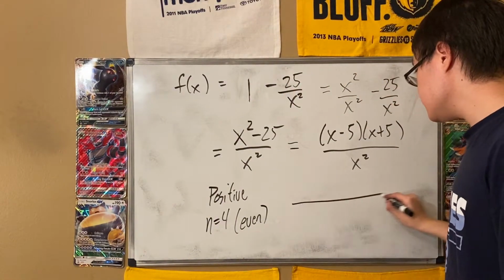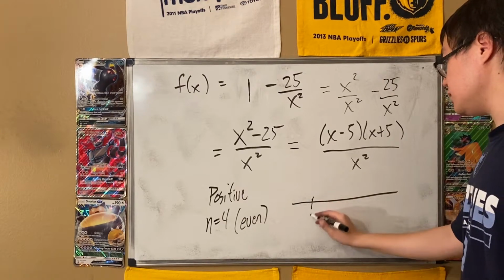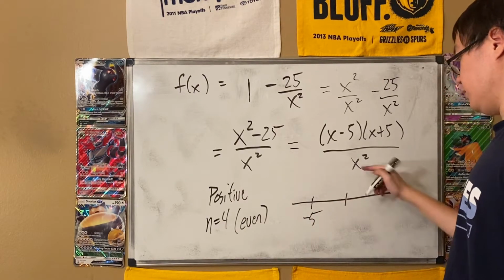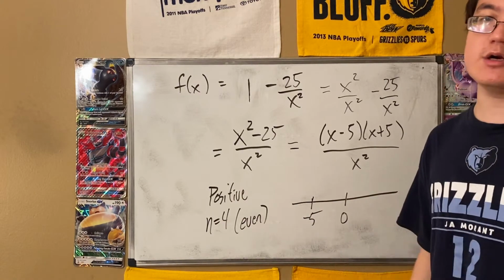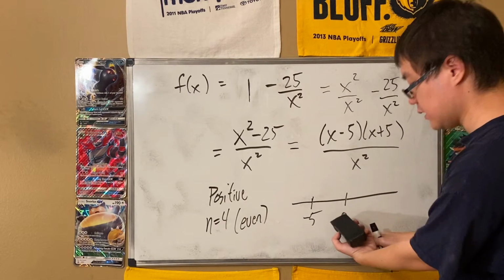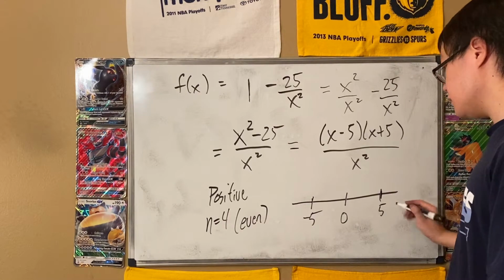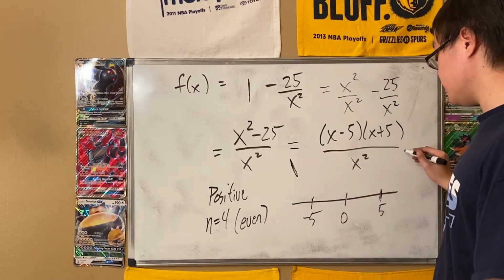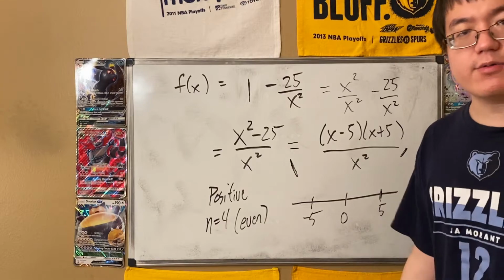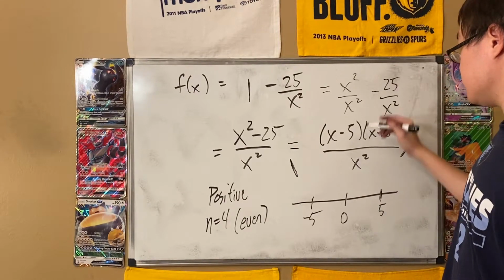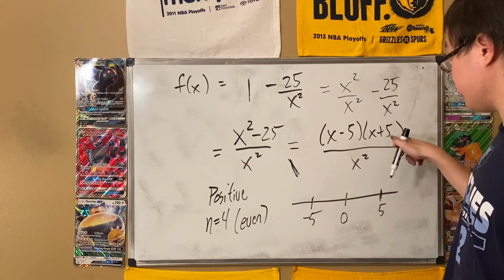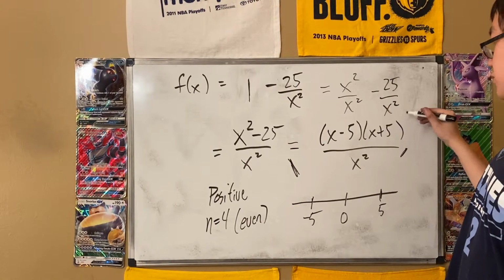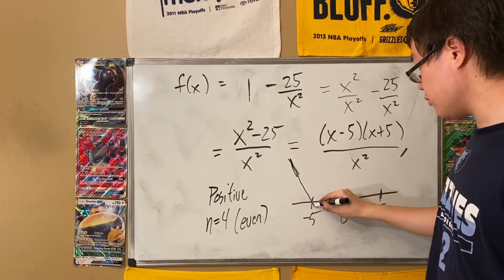Let's draw the zeros. This one corresponds to negative 5, then x squared equaling 0 corresponds to 0, then we have 5. So then we have a positive even thing. Again, that's a parabola, so it starts right here, ends right here, and now we're ready for the zero behavior. This is technically to the 1, so as I approach negative 5, it's still to the 1, so it's going to go through.